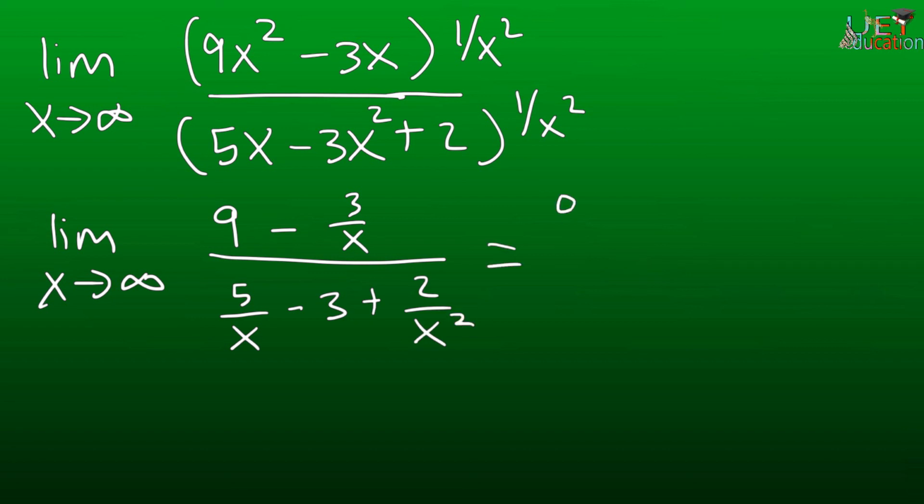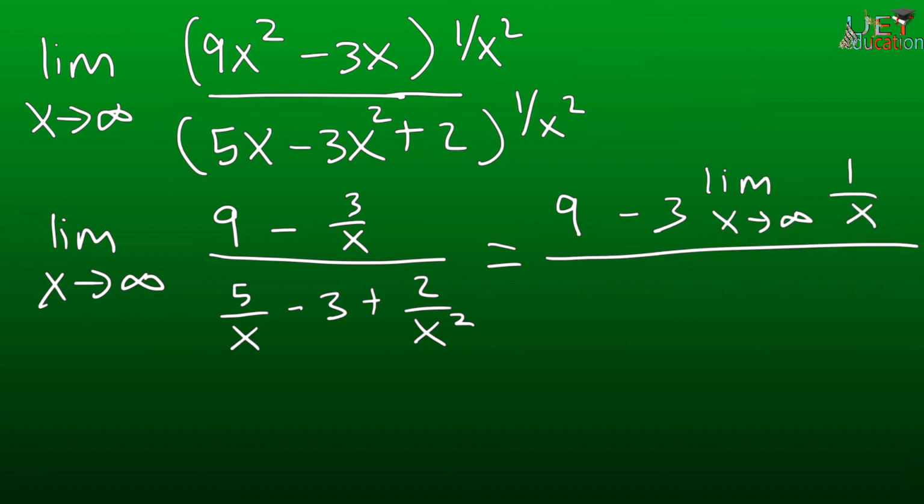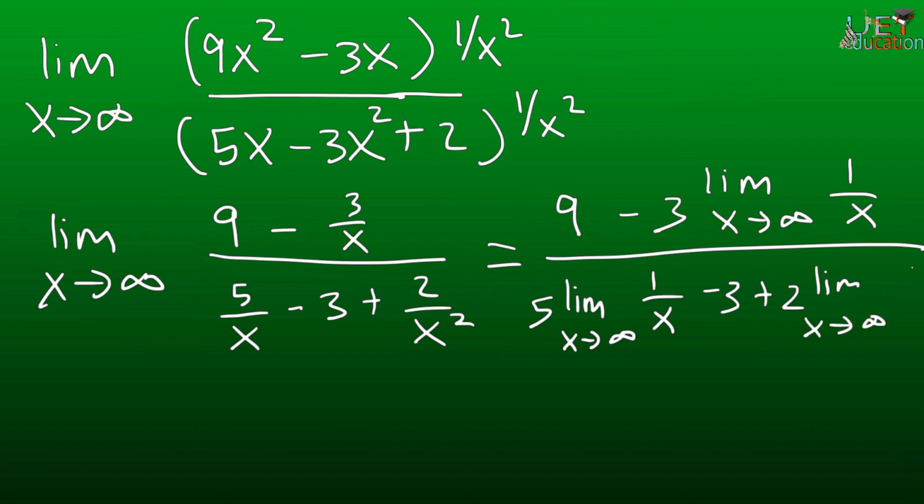So this is going to be 9 minus 3 times the limit as x approaches infinity, 1 over x, and then this is going to be 5 times the limit as x approaches infinity, 1 over x, minus 3 plus 2 times the limit as x approaches infinity, 1 over x squared.